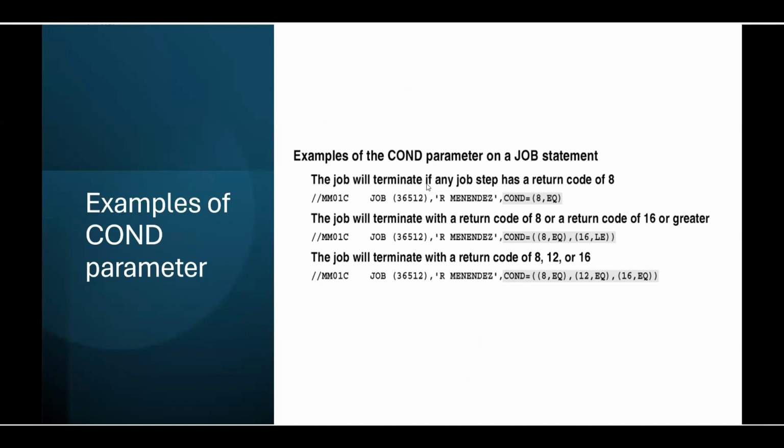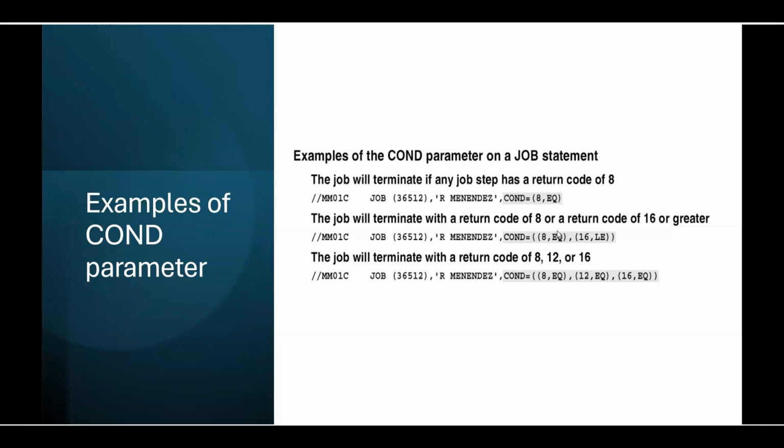This job will terminate if any job step has a return code of 8, because it compares the condition code with 8 for equality. Whenever you have exactly 8, your job will terminate, and if you have any value other than 8, the job will continue to the next step. And here the job will terminate when the return code is 8 or a return code of 16 or greater. So here you have two conditions. We can also use three conditions as well.